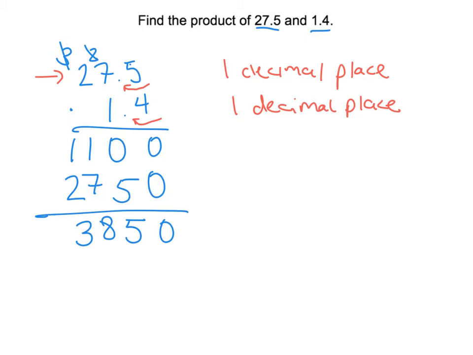And so what we're going to do is add them together, and that's going to give us two decimal places down at the bottom. So now I'm going to start from the right side, and I'm going to move 2 spaces over, and I'm left with 38 and 5/10.